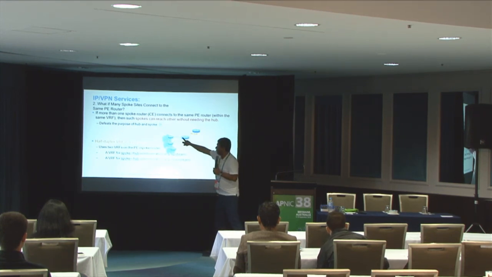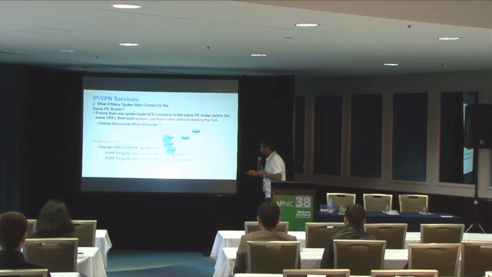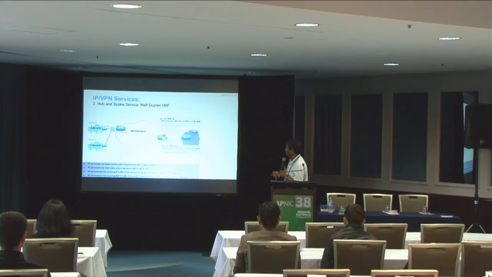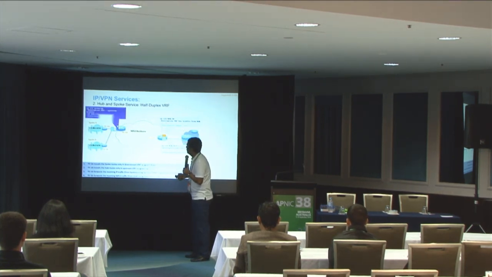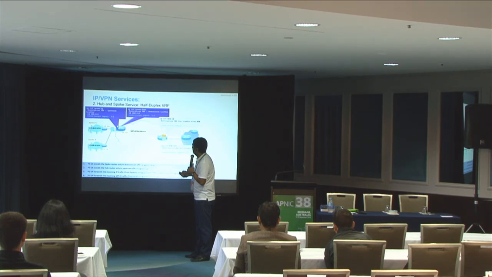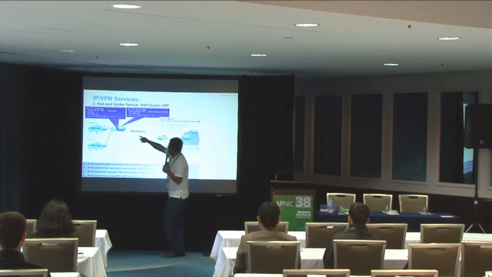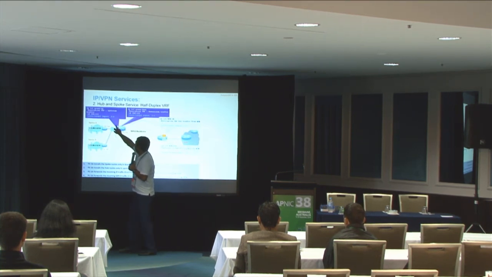That's the configuration. In half duplex VRF, we just did the route target import statement in one and the export statement in the other. We created two VRFs, one is import, one is export.